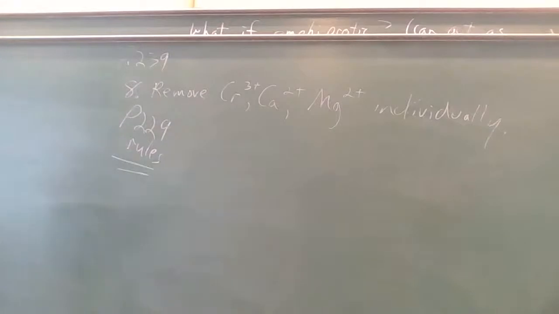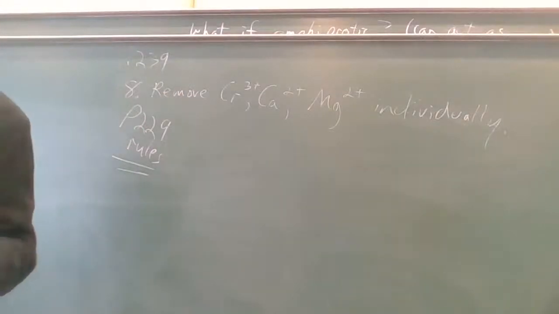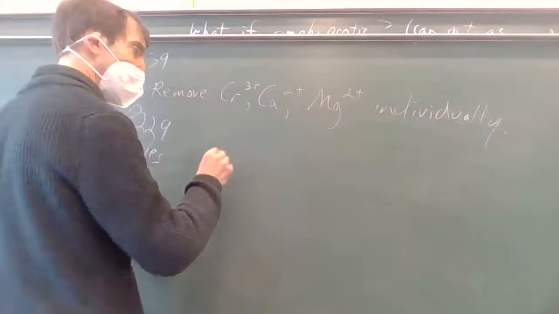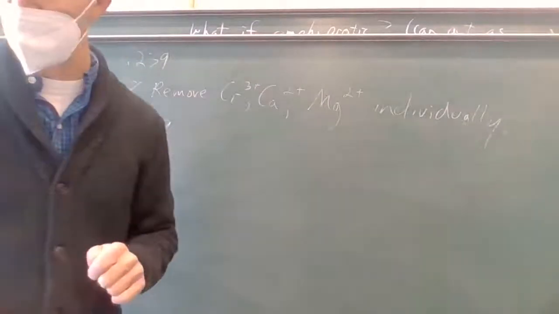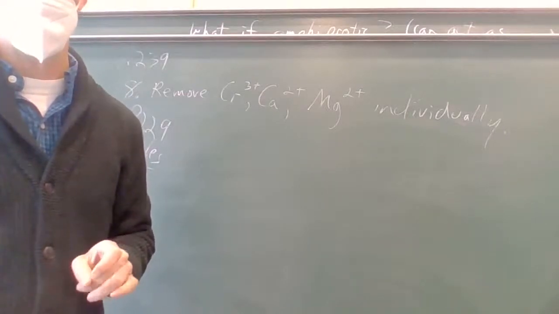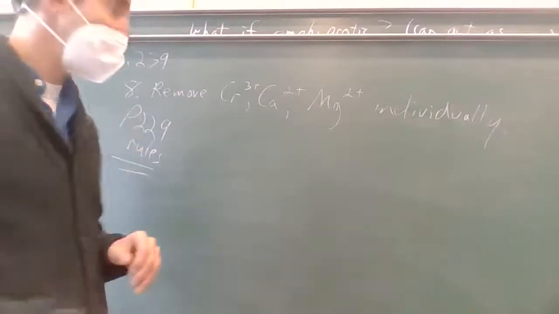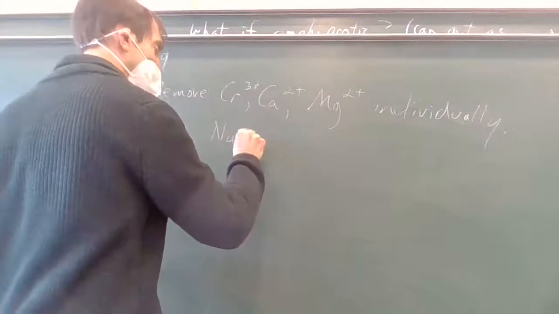Okay, so I'm going to open it up to you guys. So give me one I can remove first and give me a chemical I could do it. Chelsea. Na2S.